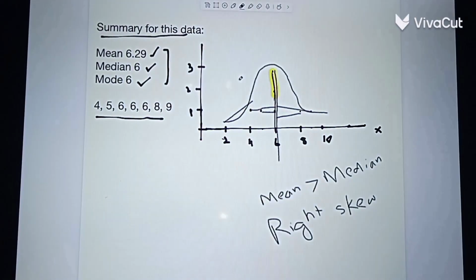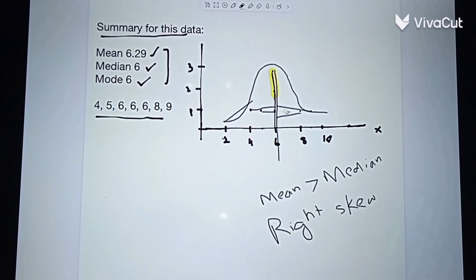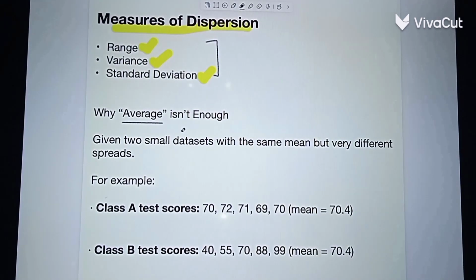Because measures of central tendency do not tell us the distance of each value from the middle value. Only the average is not enough to interpret the result. We need some more.